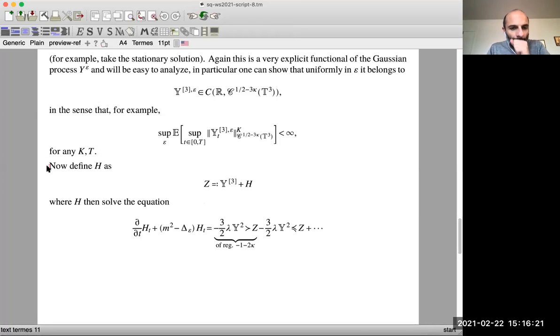And I was saying that one can continue in this direction, but then you realize that you still have to do some transformation to remove this irregular part.